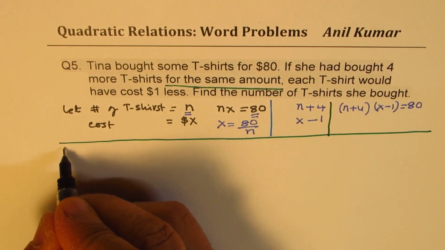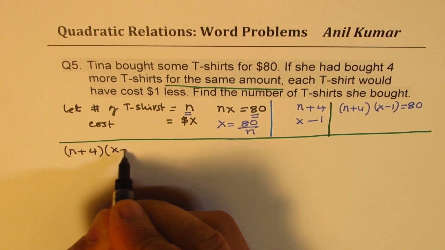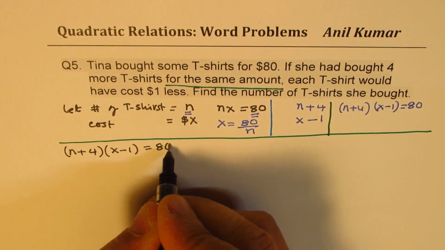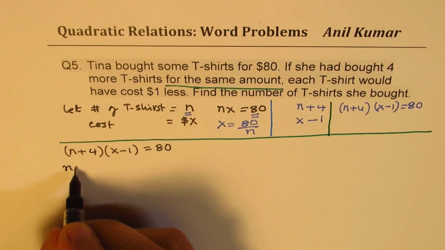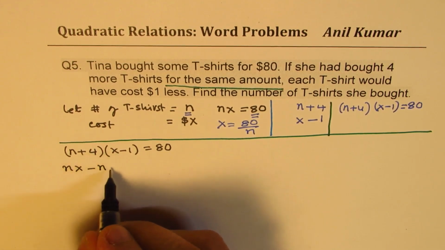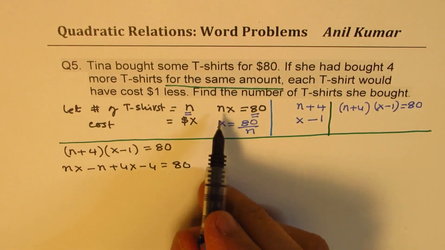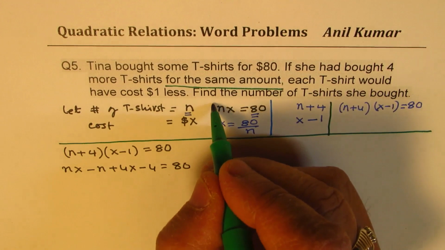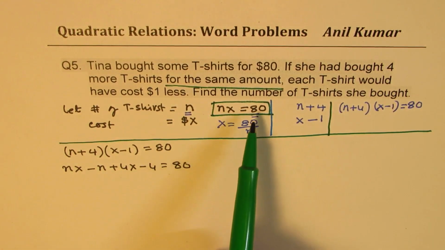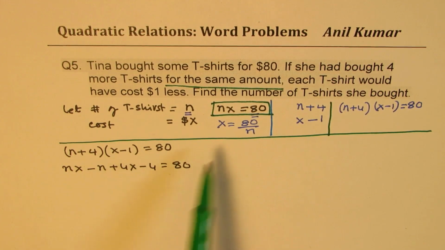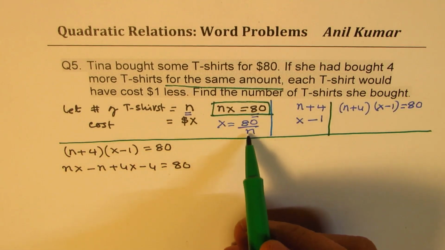So we have our equation, which is n plus 4 times x minus 1 equals 80. If I multiply, we get nx minus n plus 4x minus 4 equals 80. Now nx we could straight away write as 80, and x is 80 over n, right?